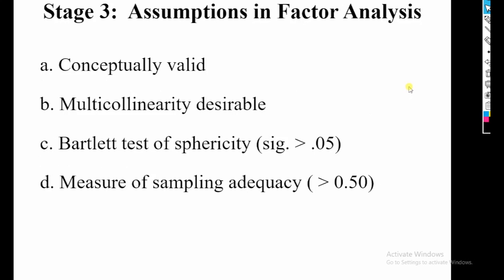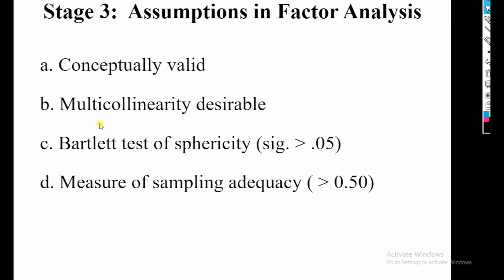Then the assumptions of factor analysis. The factors should be conceptually valid. When we are using exploratory factor analysis, all the factors should be conceptually or theoretically supported. After conducting the analysis, our factors should relate to a particular theory. Without theory, we cannot define the exploratory factor analysis.